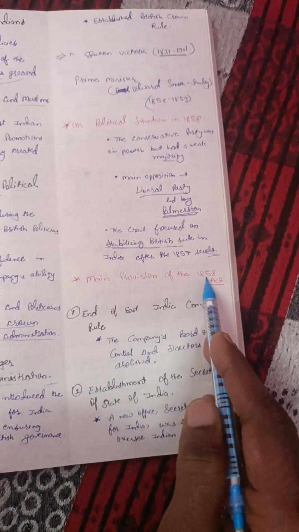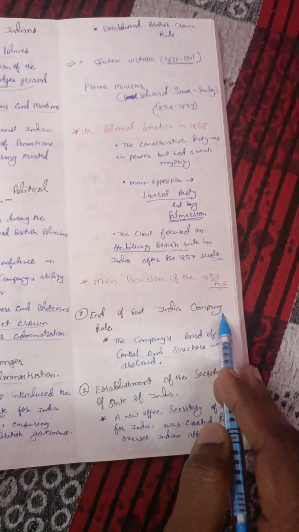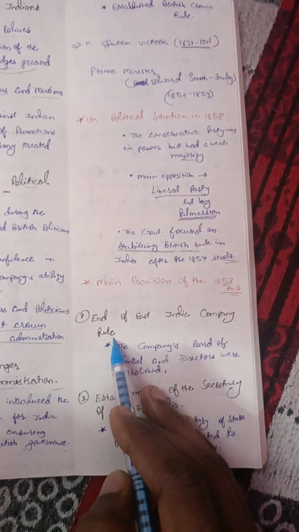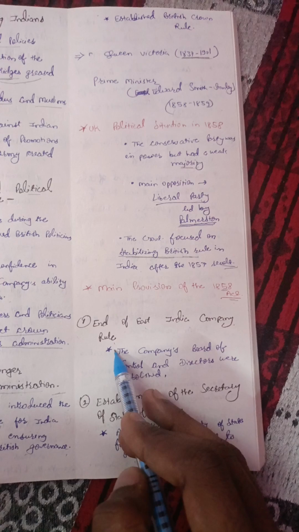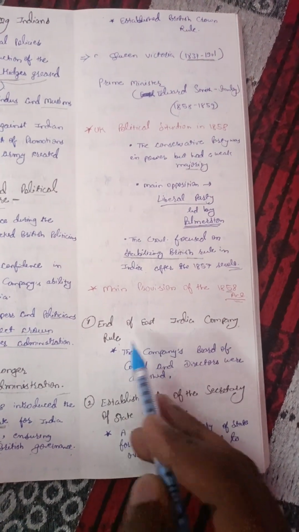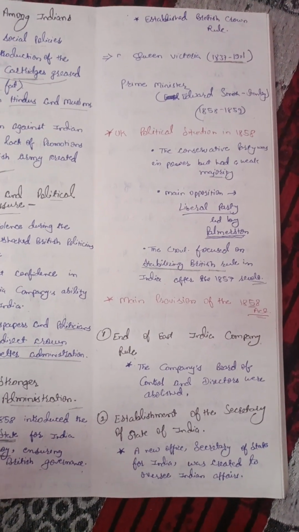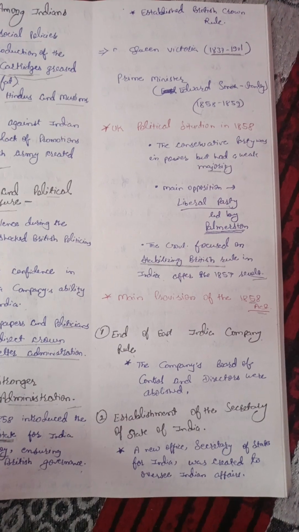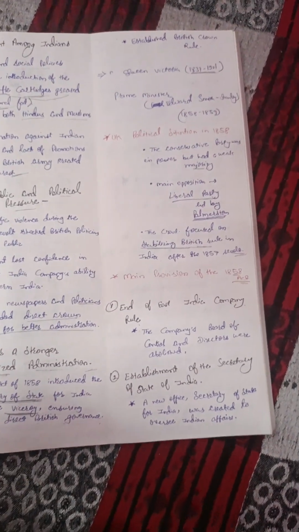So the main provision of the 1858 Act, number one, was the end of East India Company rule. As we know, after 1858 East India Company rule was removed, and its main leaders were made members of the council, which used to advise the Secretary of State.